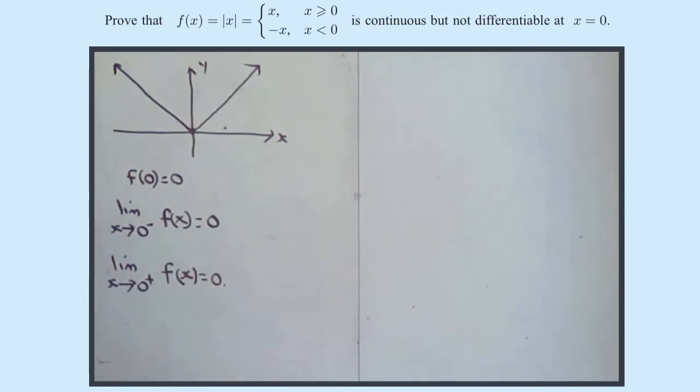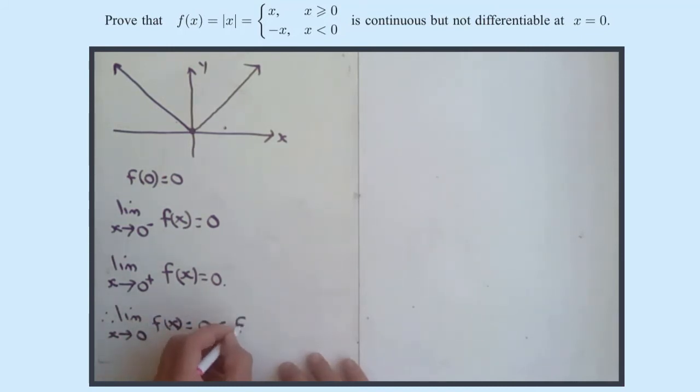So that means that the limit as x approaches 0 of f of x equals 0, which also equals f of 0. So f of x is continuous at x equals 0.